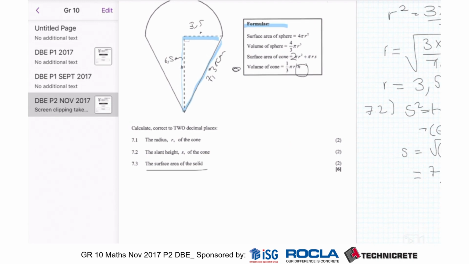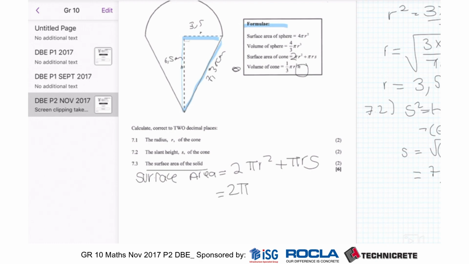So my formula for the surface area is going to be 2 pi r squared. Because we're including that hemisphere, we've got two circles, and a circle is pi r squared, plus pi r s. So if you got a wrong r value and a wrong s value, this would also be wrong.